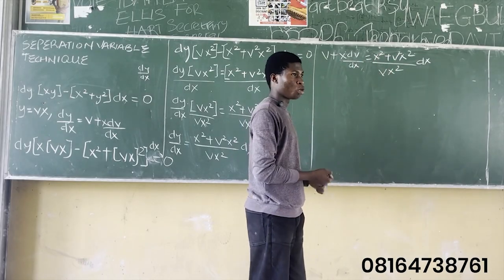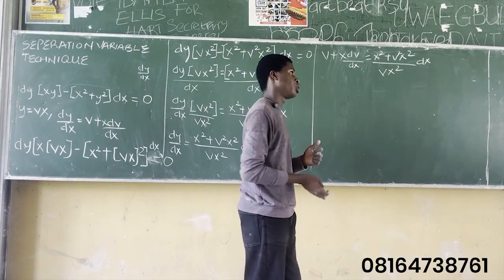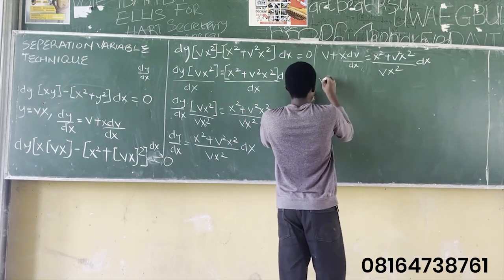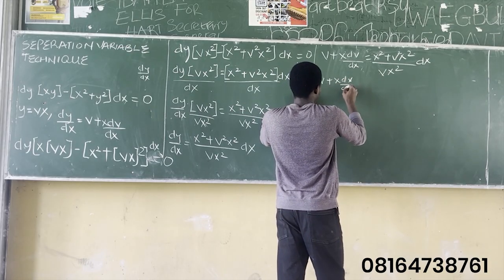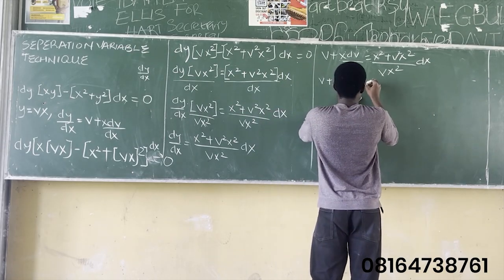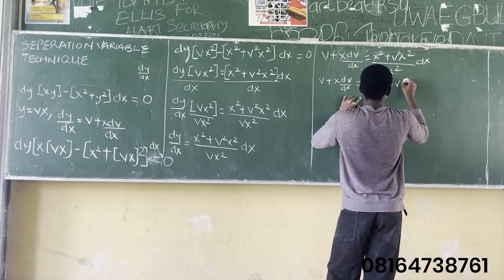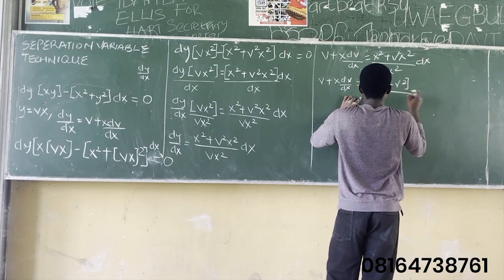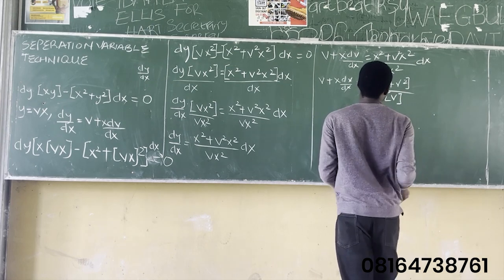So if we take it out, we can factor it out. It will cancel out in the numerator and the denominator. So let's do that. V plus x dv over dx is equal to x squared, 1 plus v squared, divided by x squared v dx.